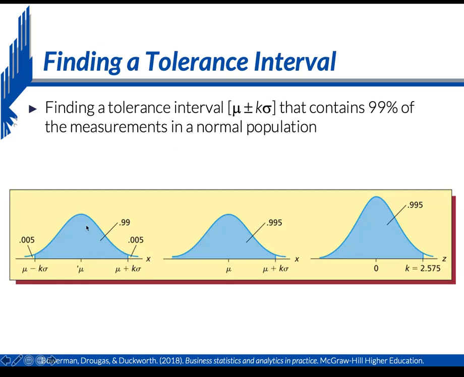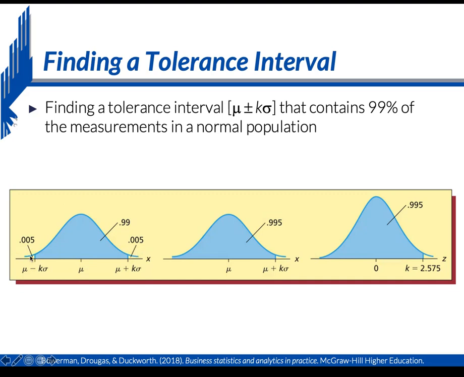This total area is 99%. And since the total area under the curve is 1 or 100%, it means that the total area for the two remaining sides is 1%. And if you divide that into 2, because the normal distribution is symmetric with respect to the mean, this area must be 0.005, and this area must also be 0.005.